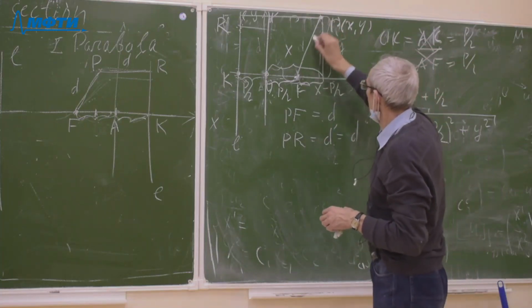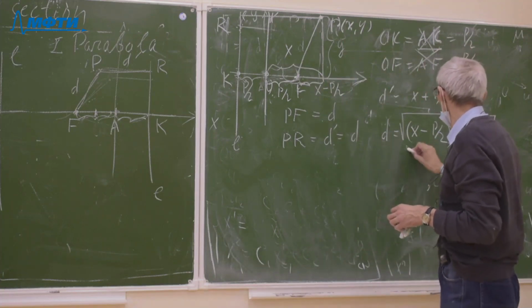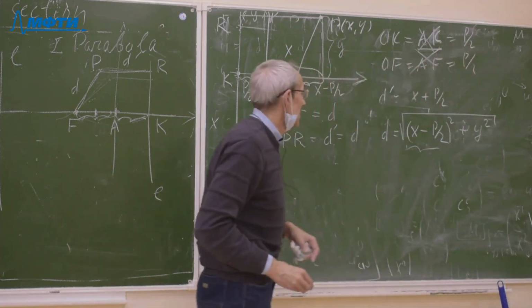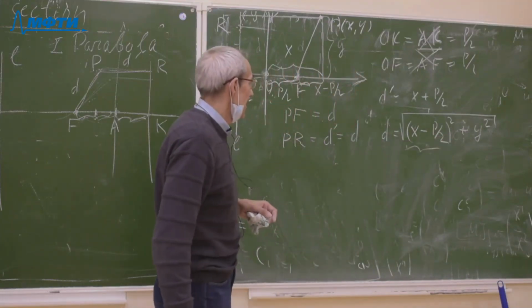And this distance by the Pythagorean theorem is equal to the square root of x minus p divided by 2 squared plus y square.